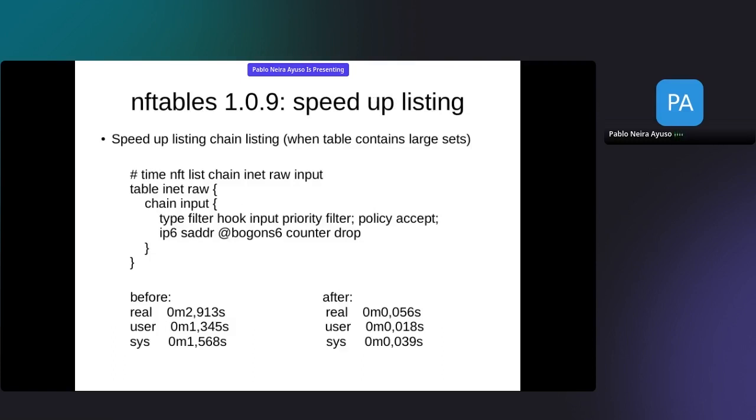In the previous versions of nftables, the catch logic was dumping the set content for the whole ruleset in the inet table, in this example. So if there was a bogon set containing lots of IPv6 addresses, then the time to show the listing was significant, because the set content was fetched from the kernel for no reason, not to be displayed, right?